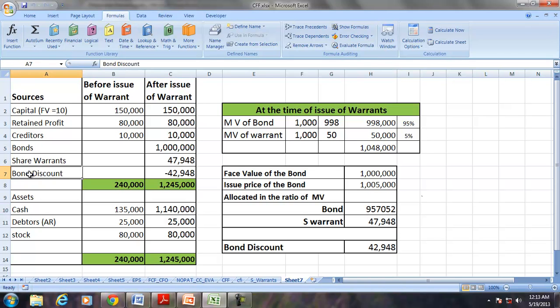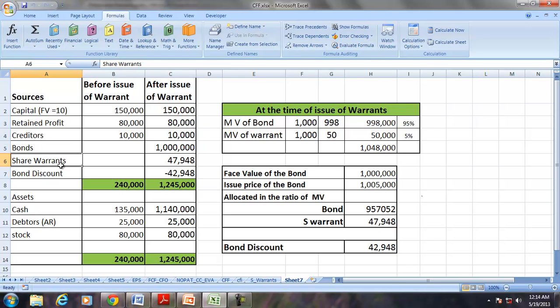Unamortized bond discount reduces the value of the bond, and share warrants will continue to appear till the date the shares are issued, and once the shares are issued, share warrants are cancelled and converted to capital. Share warrants will appear on the balance sheet on the sources side, and when the equity is computed, it is added to the capital, retained profits and the share warrants.